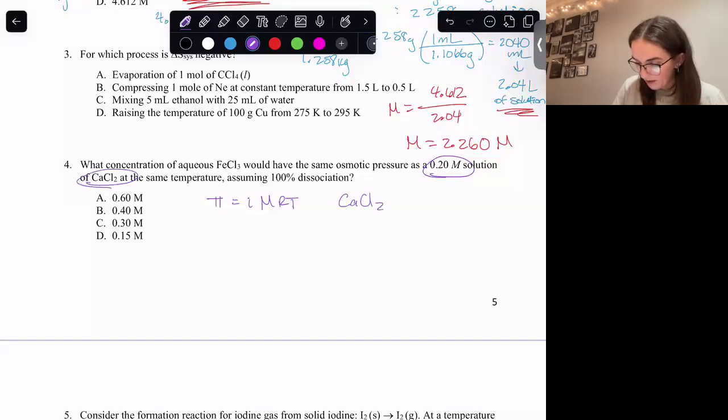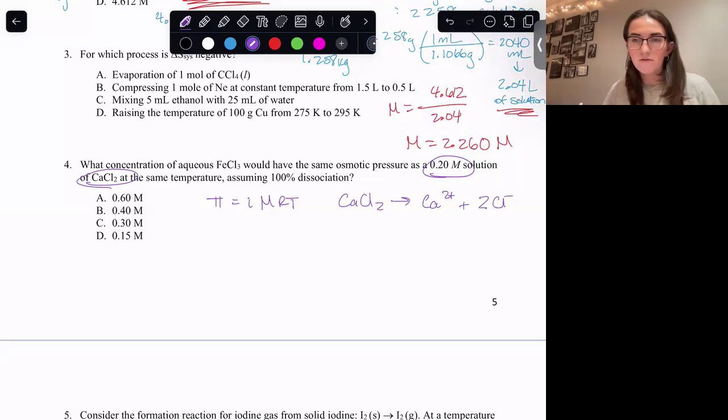Calcium chloride is going to dissociate into Ca2+ and 2Cl-. So what is our van 't Hoff factor for calcium chloride? Yep, someone said 3. So i equals 3 for calcium chloride.